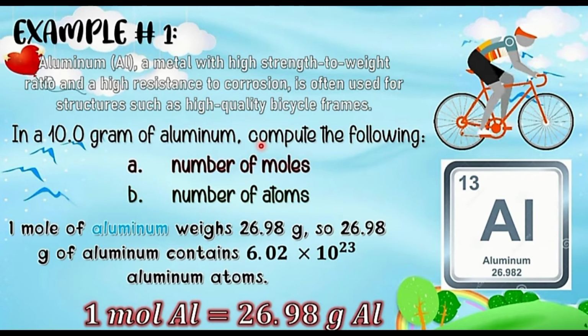Take note, 1 mole of aluminum weighs 26.98 grams, so 26.98 grams of aluminum contains 6.02 times 10 raised to 23rd aluminum atoms. Therefore, 1 mole aluminum is equal to 26.98 grams of aluminum. Now, let us solve the first one, which is number of moles.